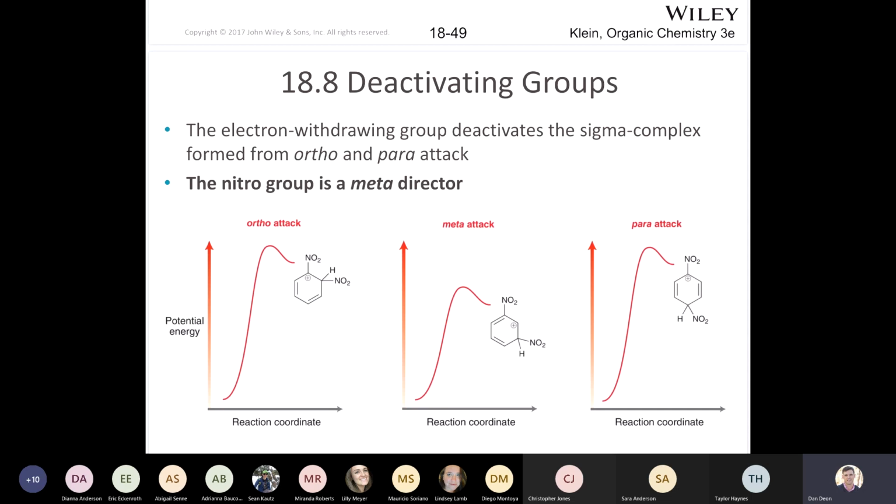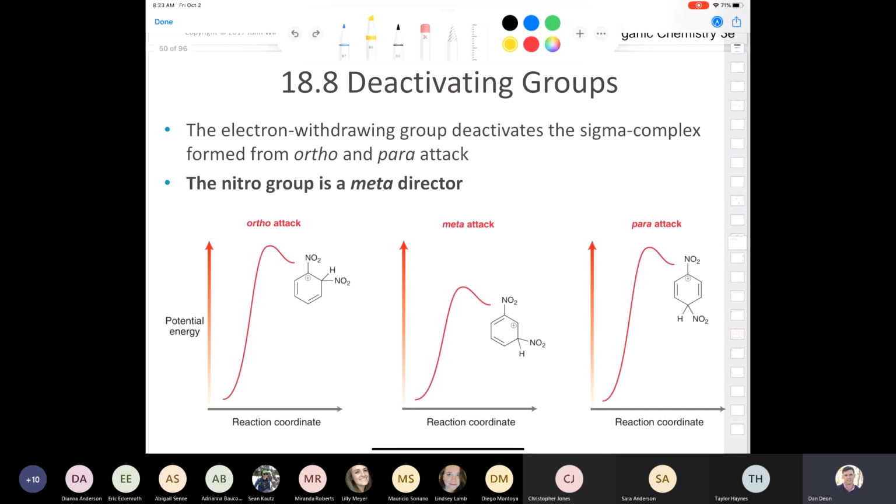And now that we're into deactivating groups, did you notice that he tries to be consistent on the y-axis, and that the activation energy of meta, even though it's the preferred product, is quite a bit higher than it was for the ortho ones, and the other ones are quite a bit lower. Anyhow, I'm probably not helping. But anyhow, there we go.